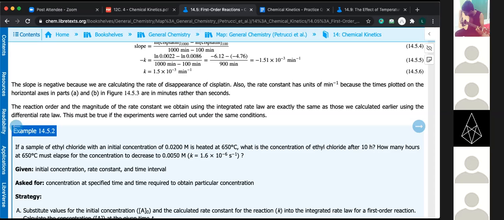So you're asked same problem in 2 ways. So basically you have to use the same formula, just that first case में you're given the time, you need to find the final concentration. Second case में you're given the final concentration, you need to find out the time. Rate constant is given at 1.6 into 10 raised to the power minus 6 second inverse.